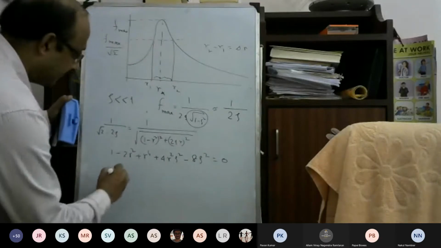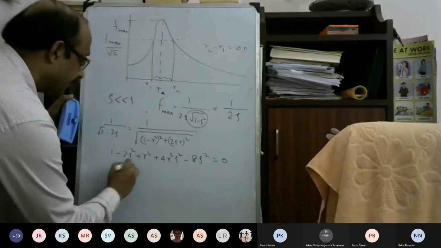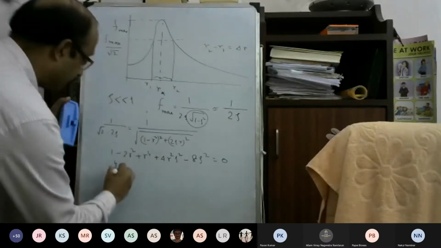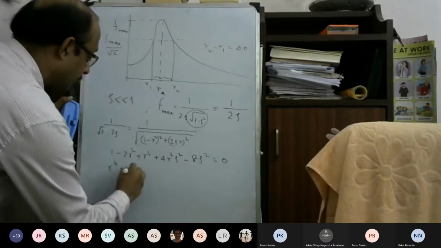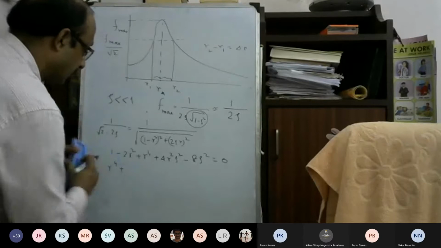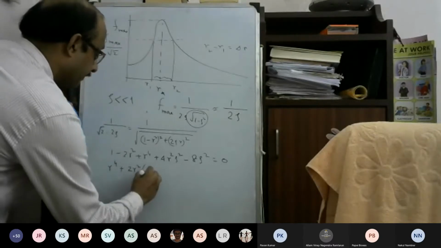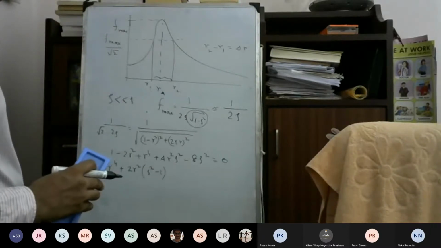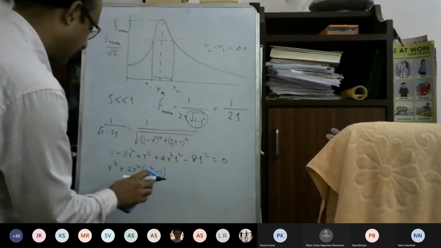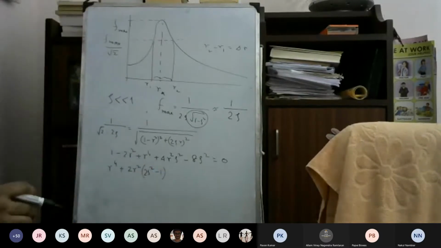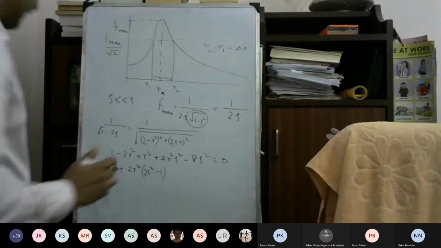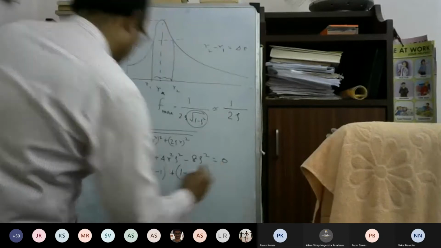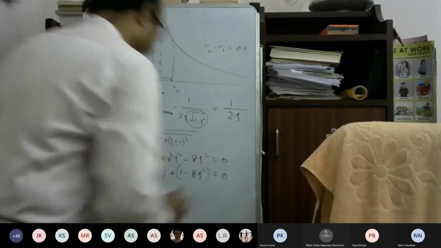Again, what we see is that this becomes equal to r to the power 4 plus 2r square times (2 zeta square minus 1), and this plus 1 minus 8 zeta square is equal to 0.